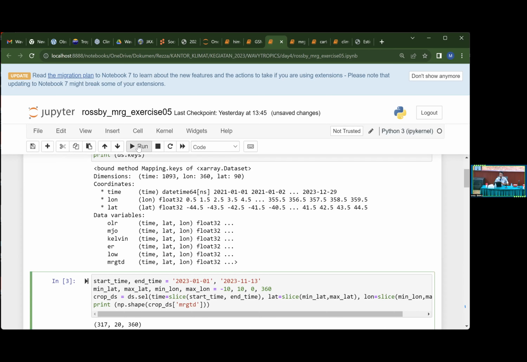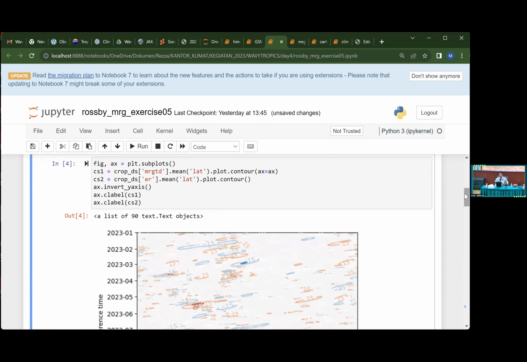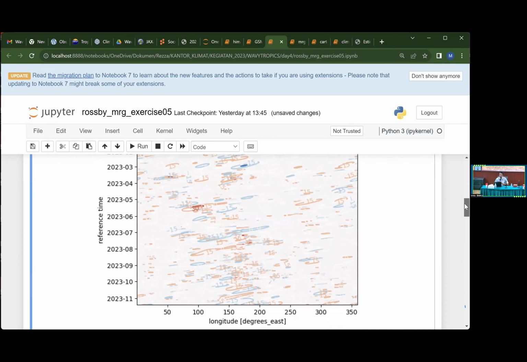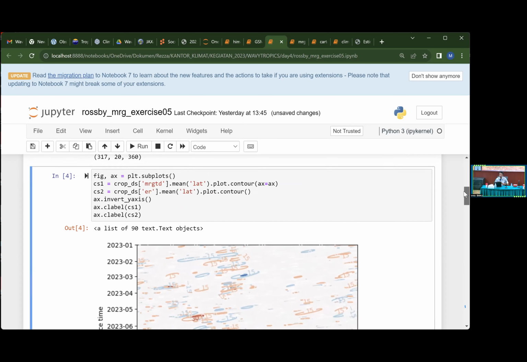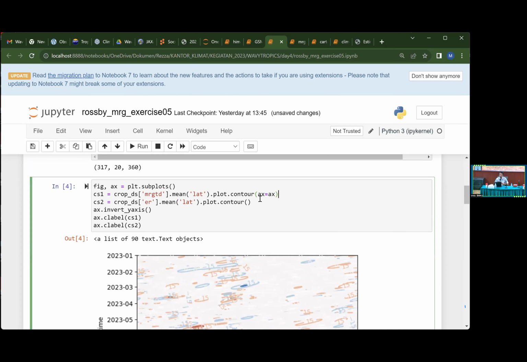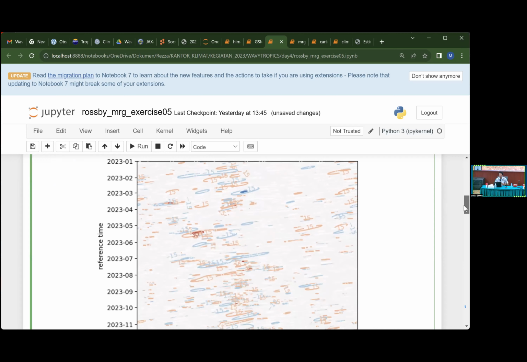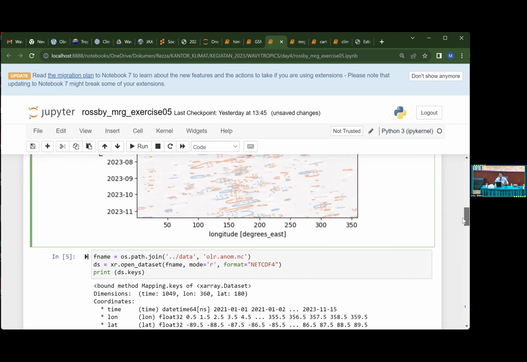So let's run this, and we can see this is the filtered one of the MRG. And we also set this ER, equatorial Rossby, together like this.